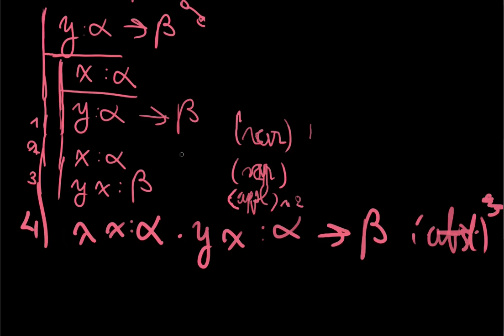And you should denote next to your abst rule what line you're applying it to, what line you're abstracting away from, sort of. I don't know if that makes sense.